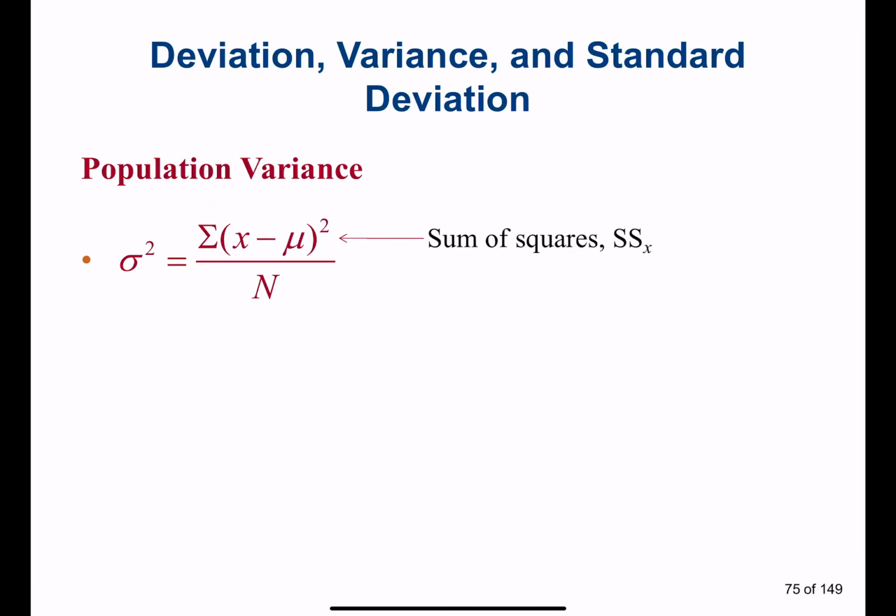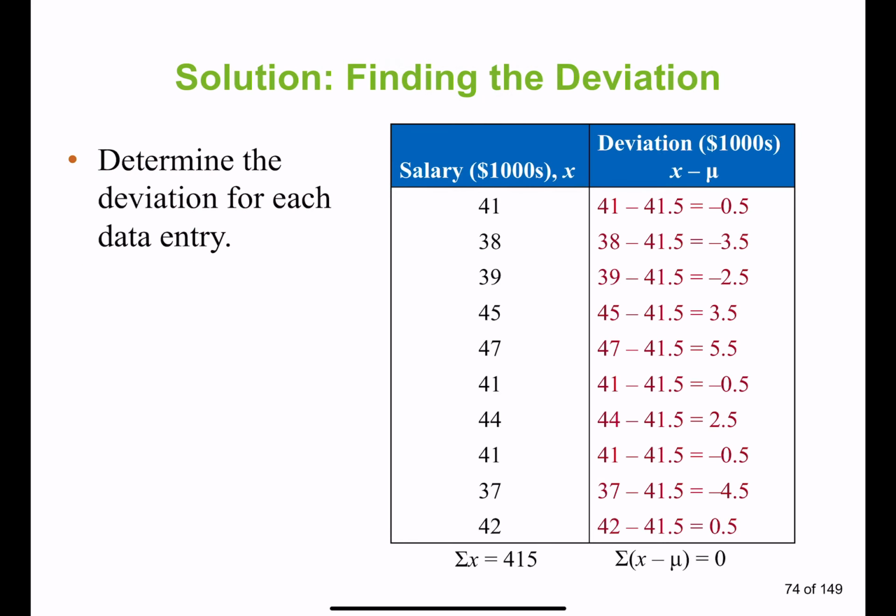But when you get a highly positive number, let's say 5.5, then you can say that your salary is way above the average salary. See, negative 0.5, it's getting close to your average. 2.5, that's not bad, above the average, and so on.